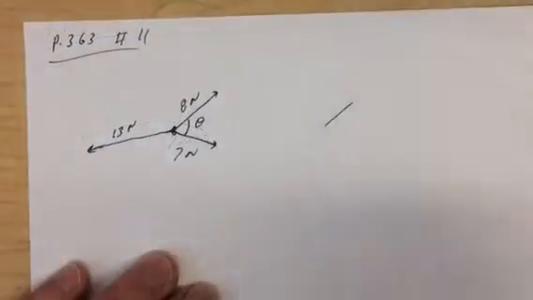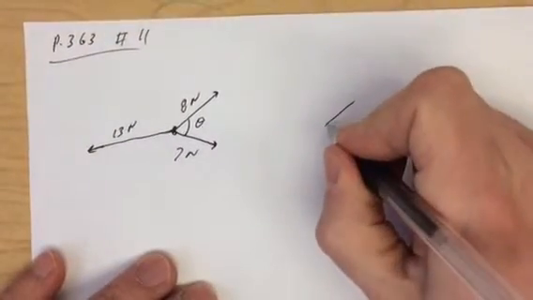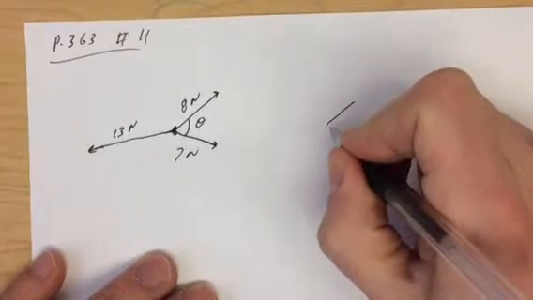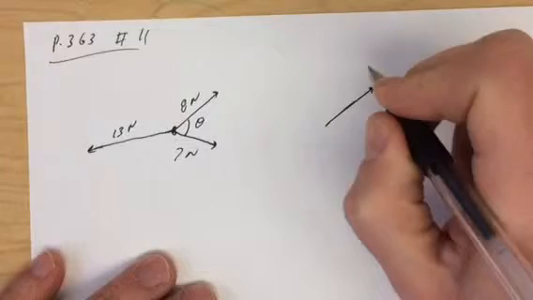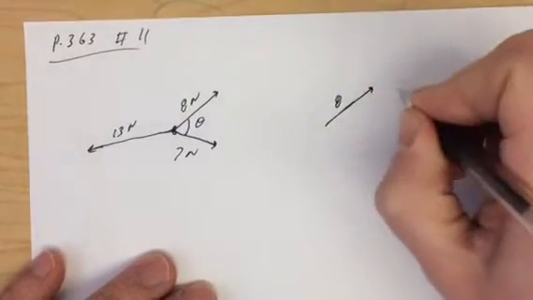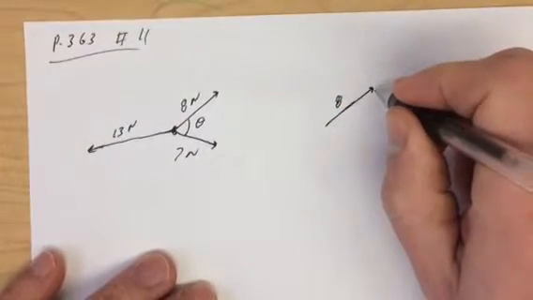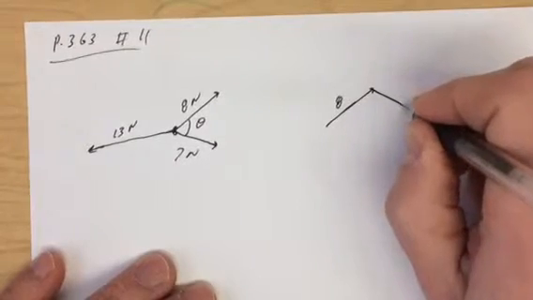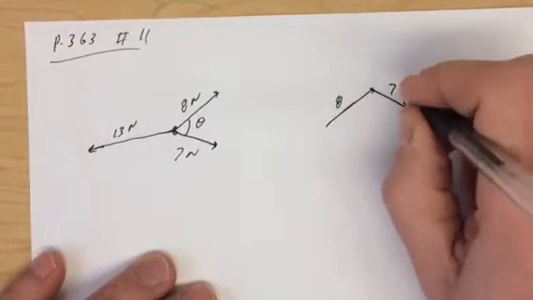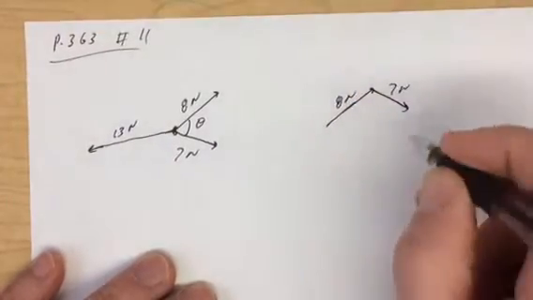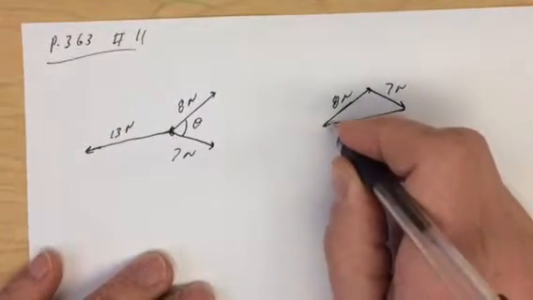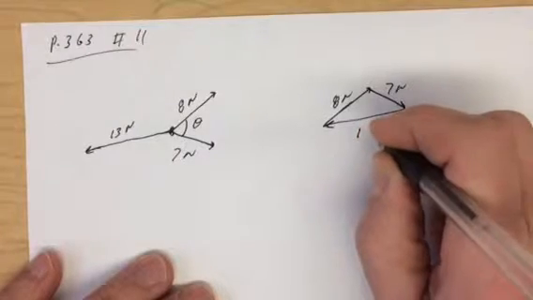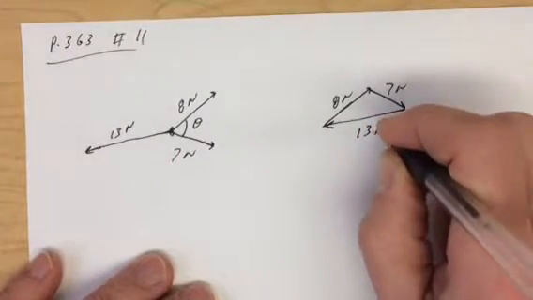So let's draw that. Okay, so let's start with the 8 Newton force. So 8 newtons goes this way, 8, and then the 7 Newton force that way, 7 newtons, and then the 13 Newton force will be right there, 13 newtons.